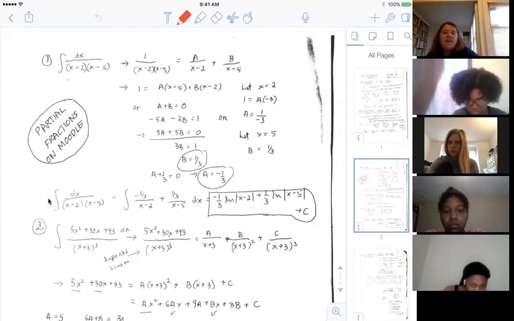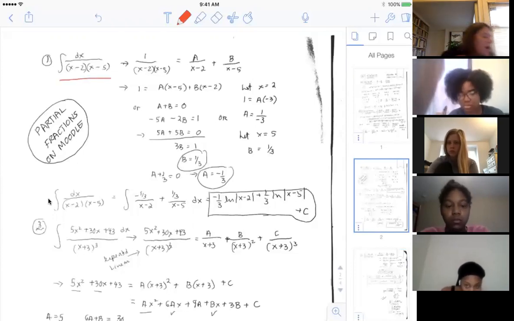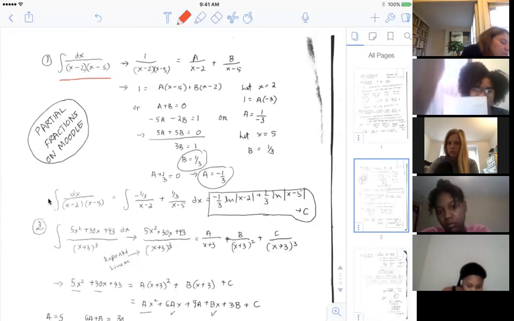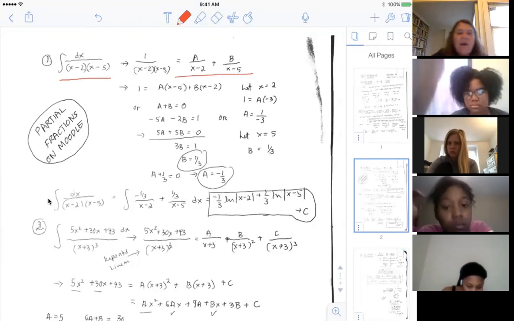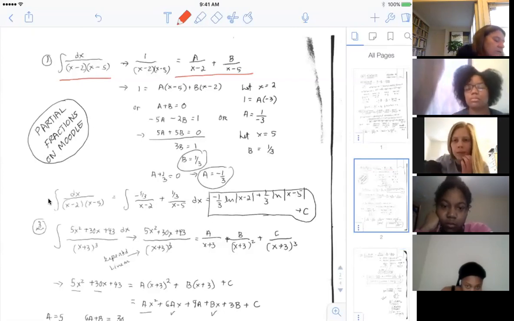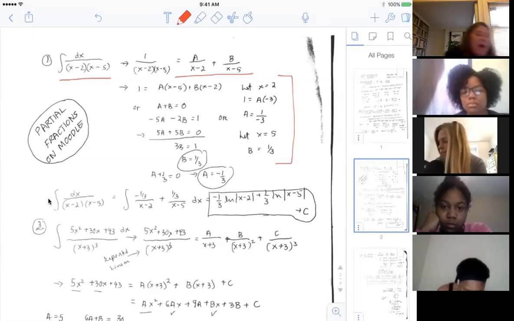Basically, I want you to see the setups. Notice here that when you factor this, it's the product of two linear factors. So when you set it up, it's just going to be A over one and B over the other. You could do it two different ways. Once you get these fractions cleared out, you could start with this way, where we could drop out things.